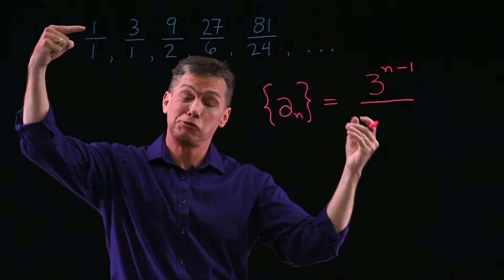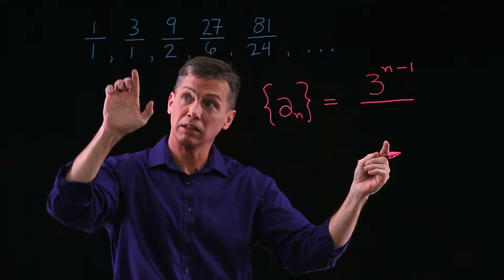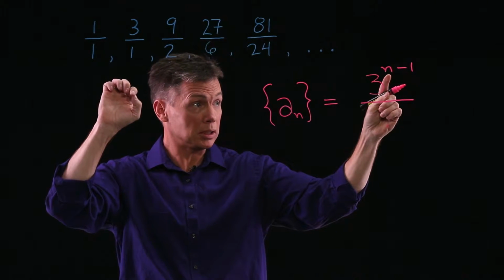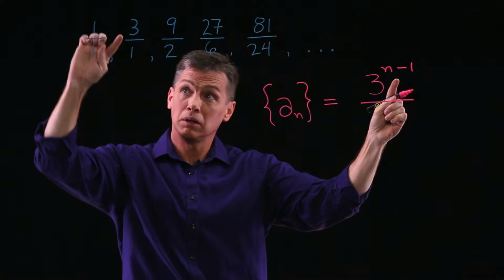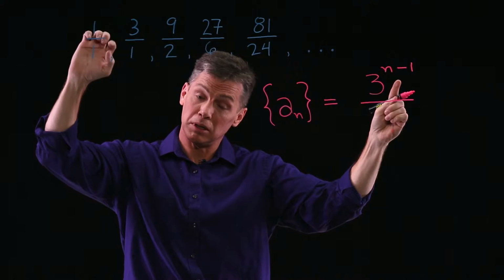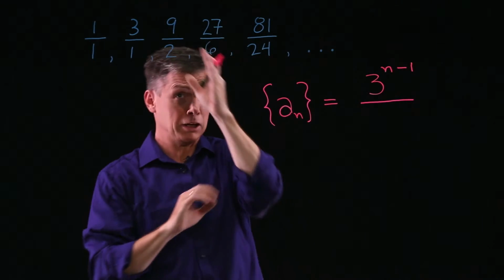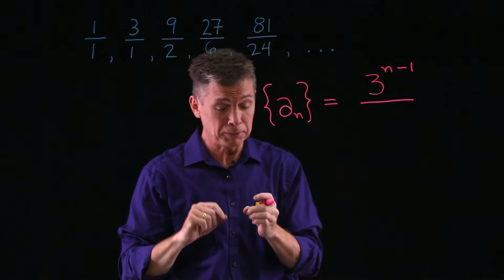Cool. Let's check a few more though. If my n were 2, moving on to the second term, I put a 2 in here, 2 take away 1 is 1, 3 to the 1 power does give me the 3 that's up there. That's good. All right. I like my numerator, and I could check it for each of the terms. You do want to do a lot of checking.